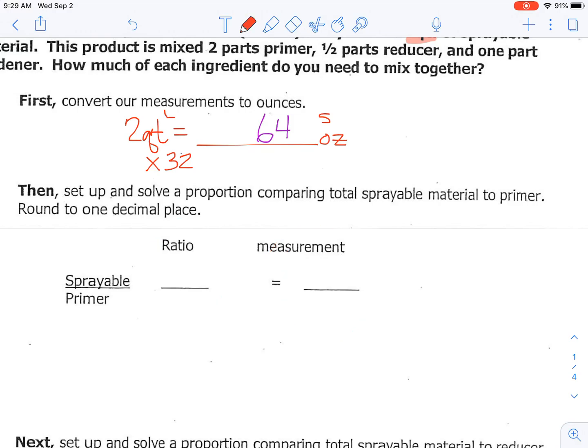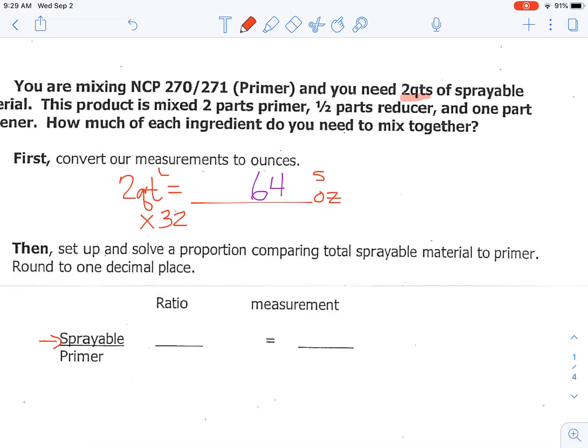When I say the total sprayable ratio, it means all of the parts together. 2 parts of primer, a half part of reducer, 1 part hardener, all together would be 3.5 parts. So 3.5 sprayable parts goes there.